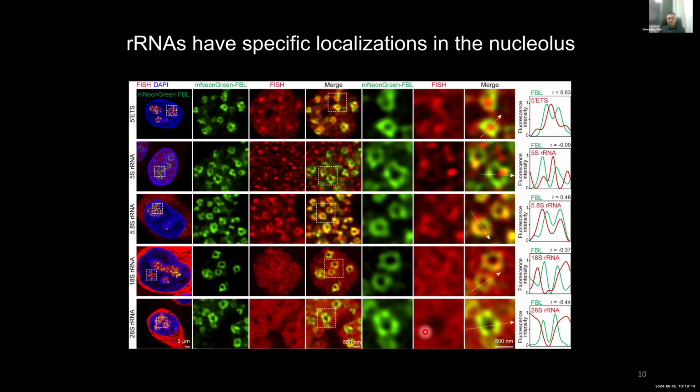But in the DFC region here, there's still very high signal of 28S RNA, which means 28S RNA localized primarily in the GC and also the DFC region. For me, this data is very interesting because those 3 ribosome RNAs are cleaved from a single precursor RNA. Why do they have different localizations? Currently, we don't have the answer.